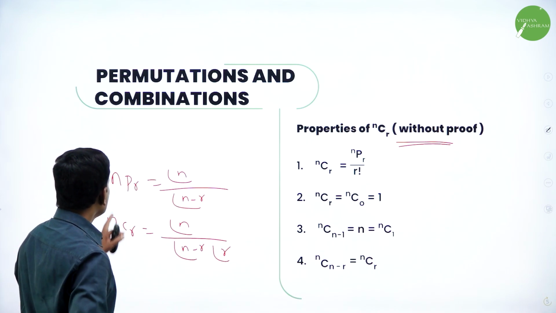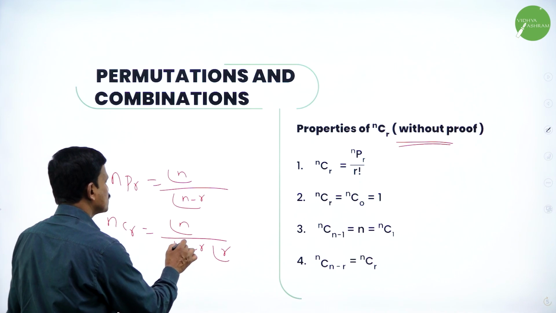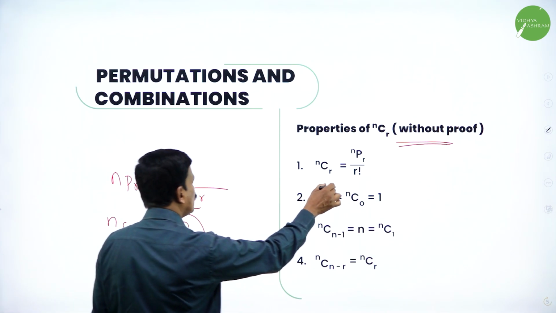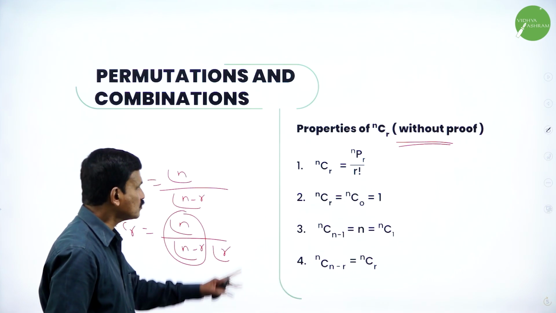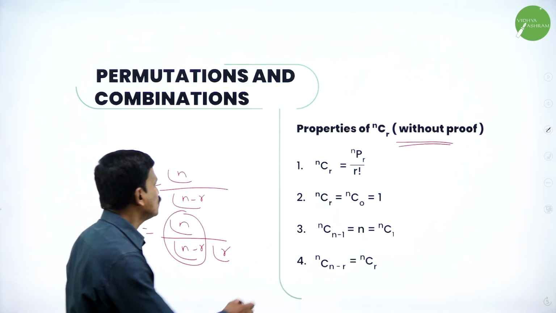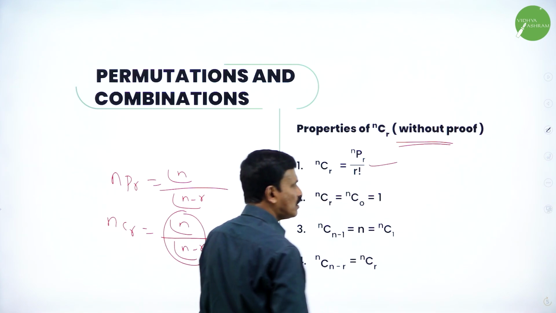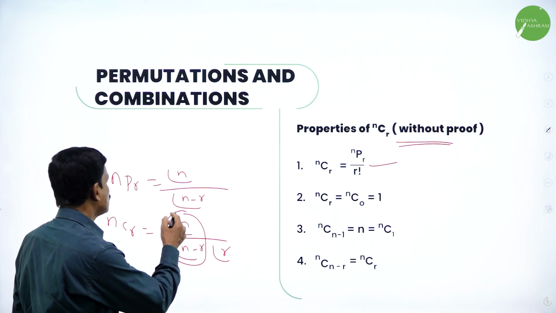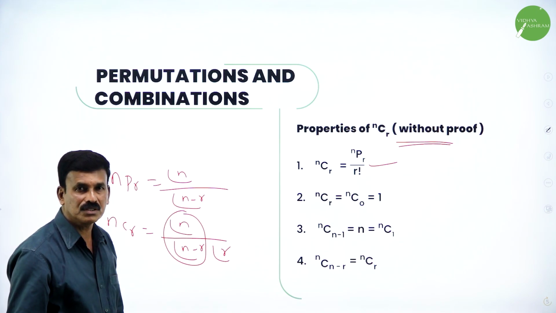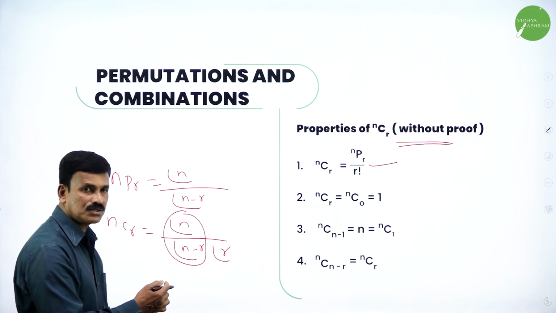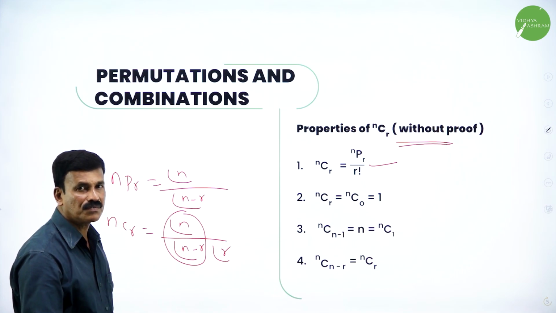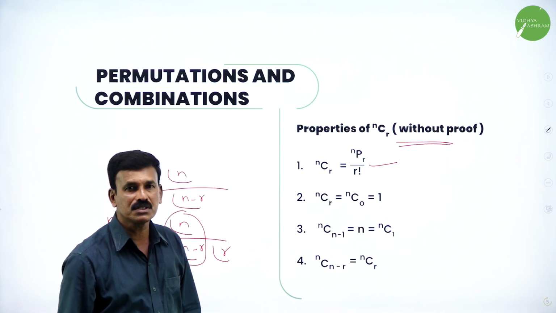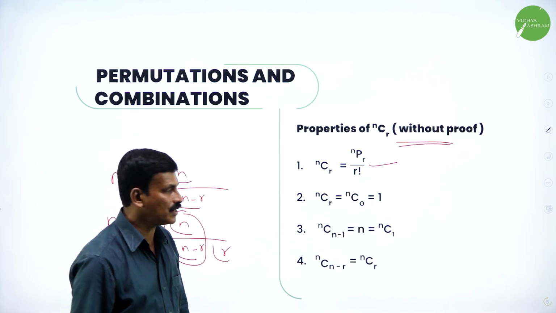Therefore, nCr can also be written as nPr divided by r factorial.